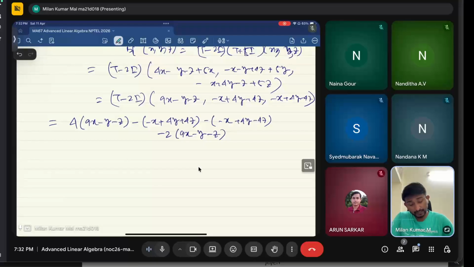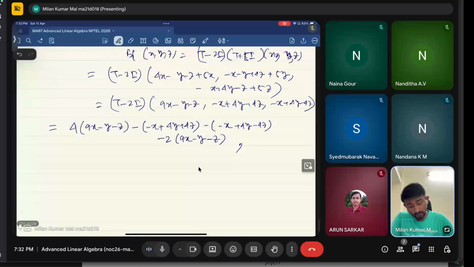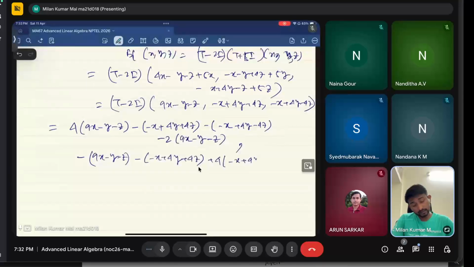So the second entry is minus (9x minus y minus z) minus (x, y), that is minus x plus 4y plus 4z, plus 4 times z, that is minus x plus 4y minus 4z, minus 2 times the second entry, minus x plus 4y plus 4z. This is the second entry.